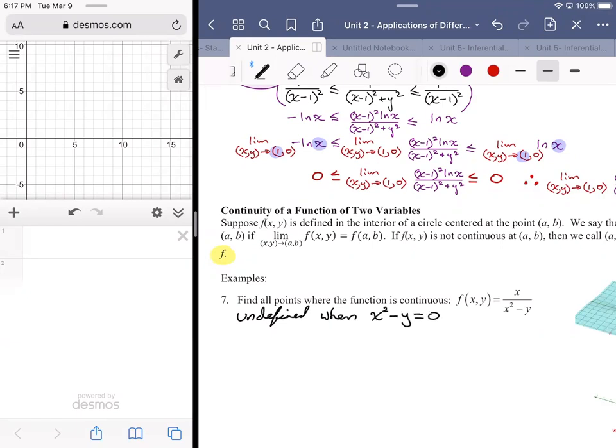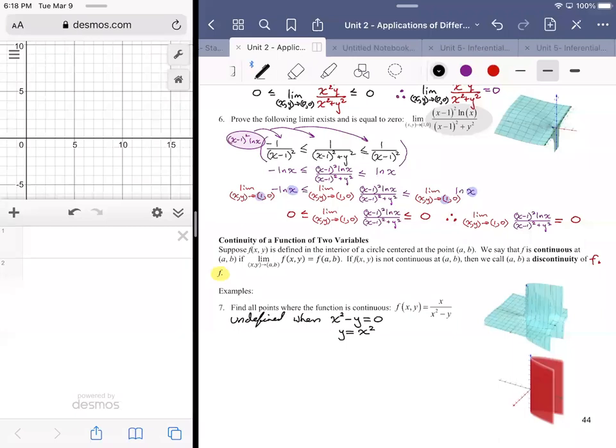That gives you a relation, y equals x squared. Anything along that path is going to cause this function to be undefined, a series of infinite locations where it's not defined. In which case it would not be continuous at those locations because it would fail to exist.